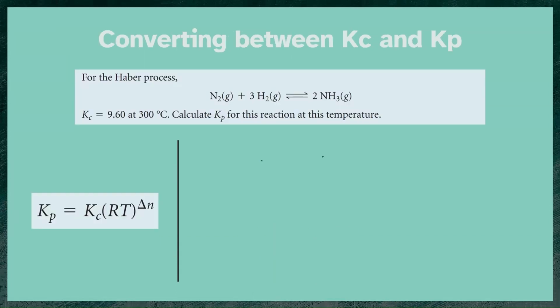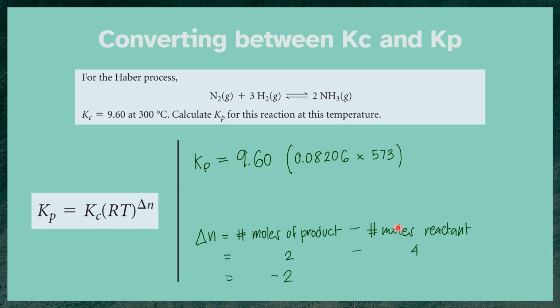So how do we convert Kc into Kp? We'll basically use this equation wherein Kp is equal to the equilibrium constant in terms of concentration, which is 9.60, times the ideal gas constant, which is 0.08206, times the temperature in Kelvin, which is 573, raised to the change in n, and the change in n is equal to the number of moles of the product minus the number of moles of the reactant.